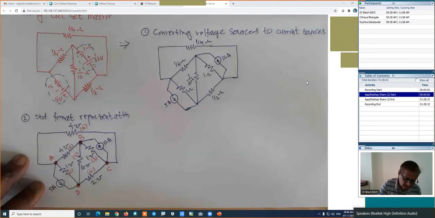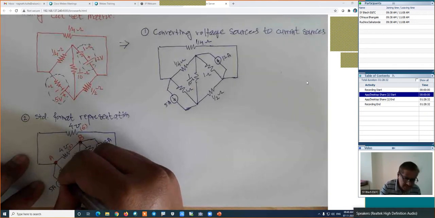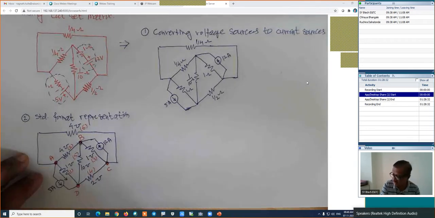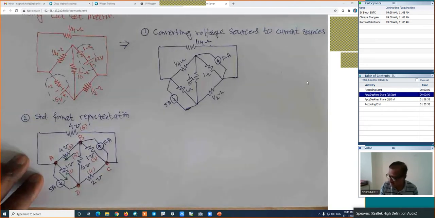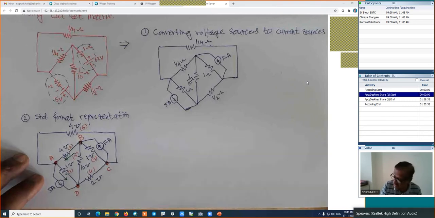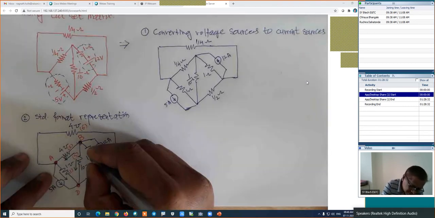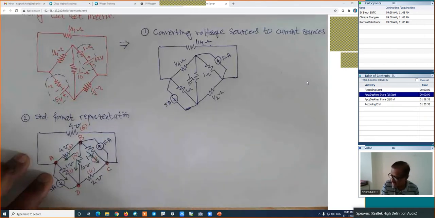In this particular case, the direction of this current I will assume as downward. There is no restriction. You can assume any direction. This may be downward or upward or anything. At the same time, I will assume this direction also downward. Similarly, for the next branch, I will assume its current downward. This current, again, I will assume downward.